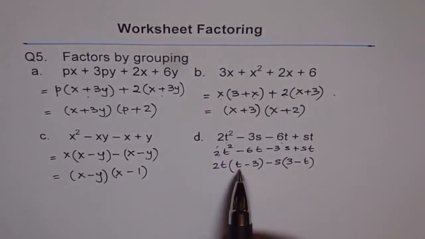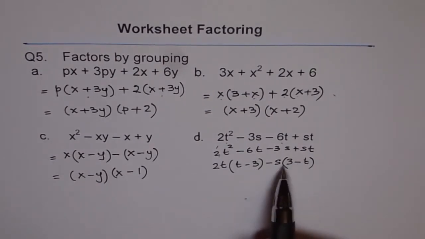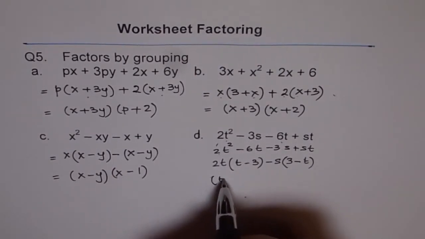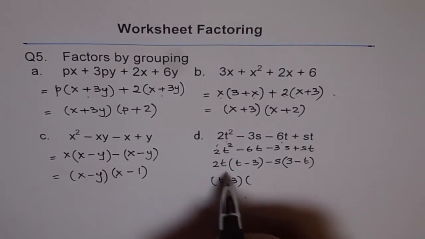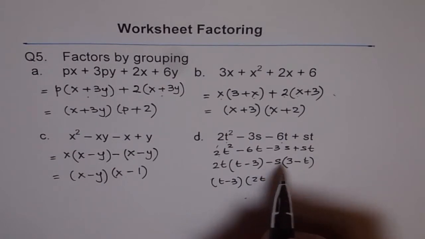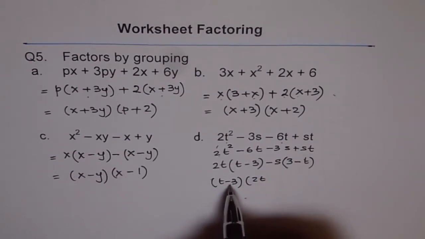Now note, t − 3 and 3 − t, they are similar, but with −1 as common, right? So if I take t − 3 as a common factor, then I'm left with 2t here, but this becomes +s, note, because we have taken t − 3.